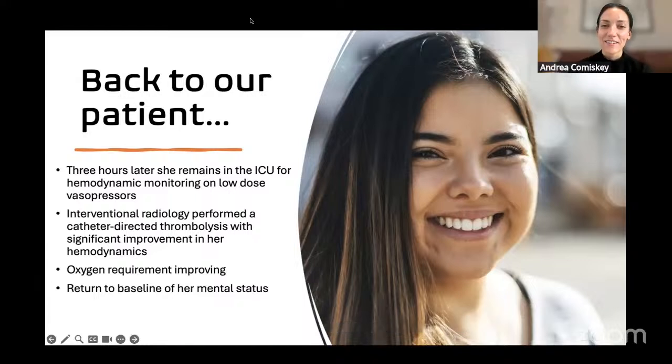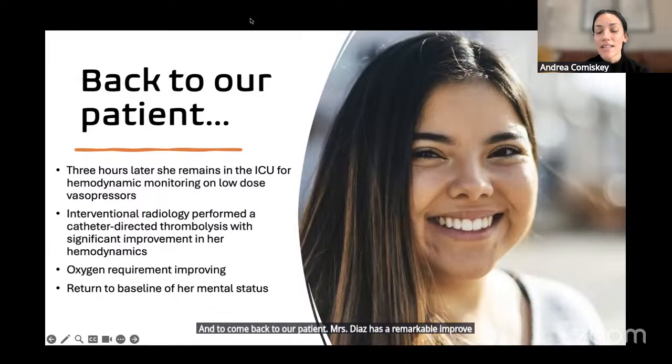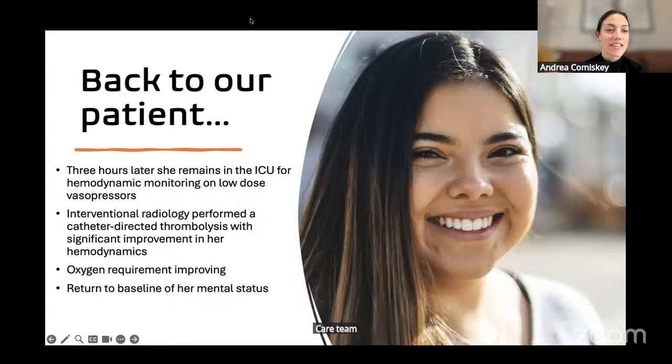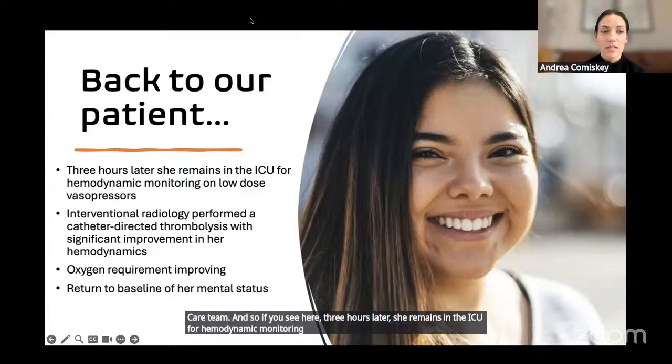Okay, thank you, everyone. To finish up our discussion for today and to come back to our patient, Mrs. Diaz has a remarkable improvement in her status after excellent care provided by you all, her care team. Three hours later, she remains in the ICU for hemodynamic monitoring on low-dose vasopressors.